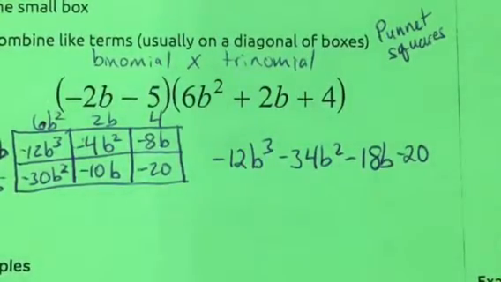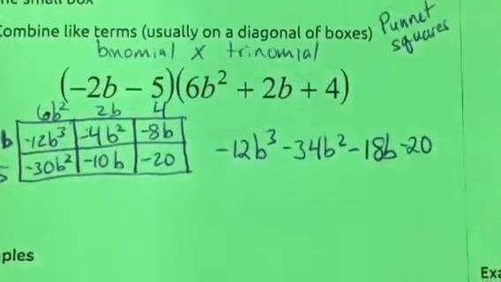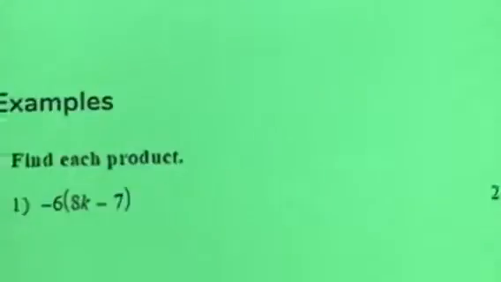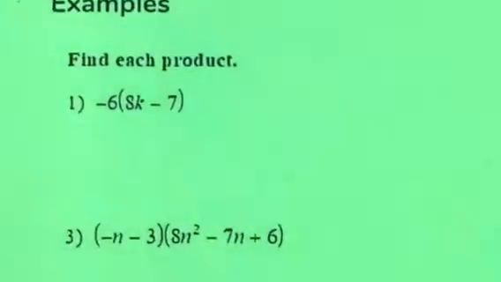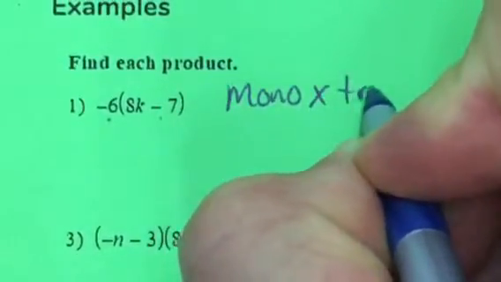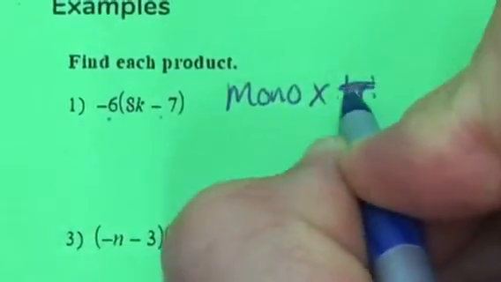And okay, so what if you only have something like this? I'll zoom in. This is a monomial and a binomial. Mono times bi.